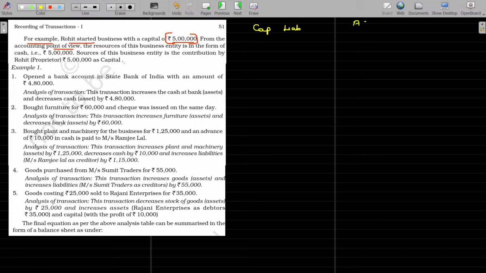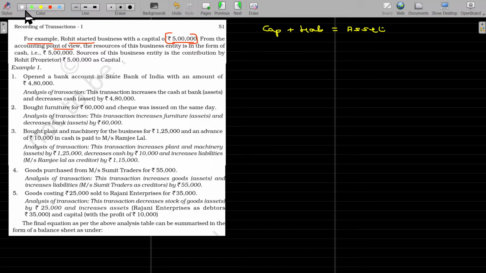In assets we have n number of items. We are aware that capital plus liability should be equivalent to asset, right? Capital plus liability should be equivalent to asset.